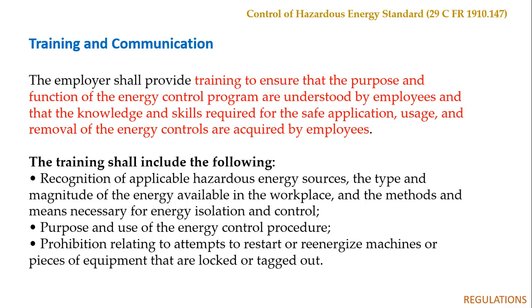The training shall include the following: the recognition of the applicable hazardous energy source, the type and magnitude of the energy available in the workplace, and the methods and means necessary for energy isolation and control.